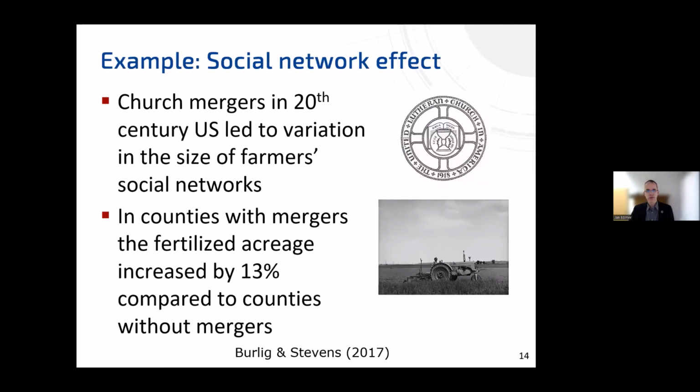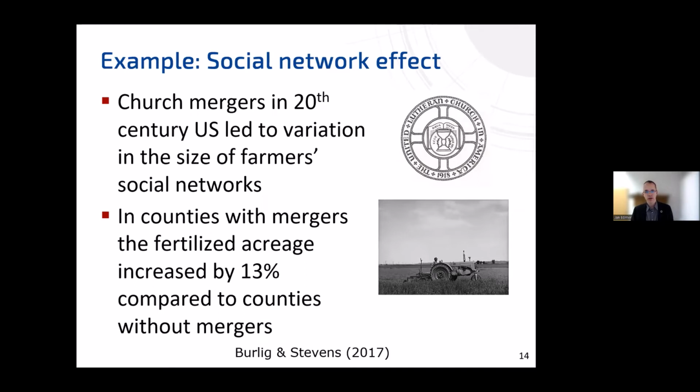There's a nice study from the Midwest in the US that looks at church mergers in the 20th century and how these church mergers led to variation in the size of farmers' social networks. Then these researchers studied what happened on the farms of these farmers in these different counties of the US.